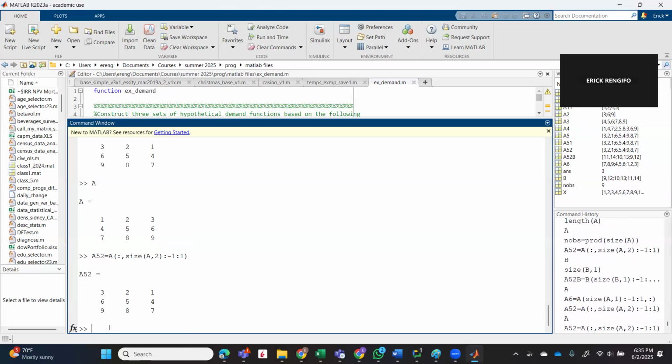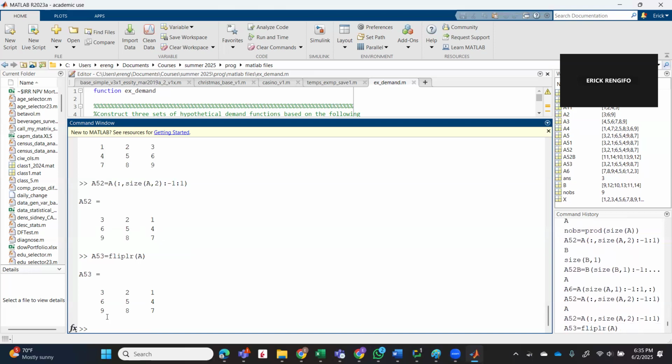There is another way to do this. People sometimes use this one here. It's simply a command, flip left to right of A. You see, it does exactly the same. This is more generic, but if you want to learn a few more MATLAB commands, it's simply flip left to right.